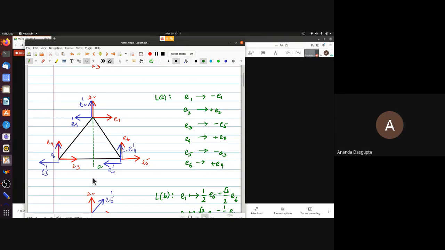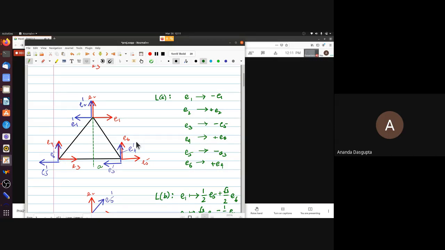If you did A, for example, what will happen is that this atom here would flip to this atom here, this atom would flip to this atom here, right? So, for example, this basis vector E3 will be a displacement now, but not of this atom at this corner, but of this atom, and it will be pointing this way. So E3 will change over to E3 prime, this blue vector here, and E3 prime is of course minus E5.